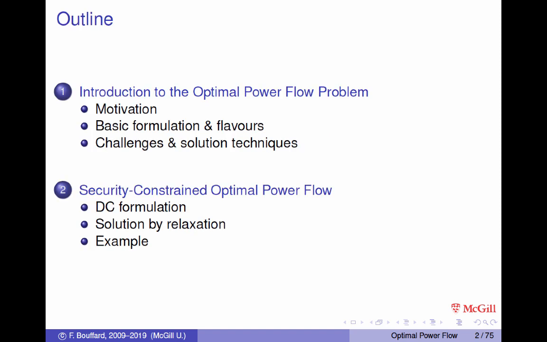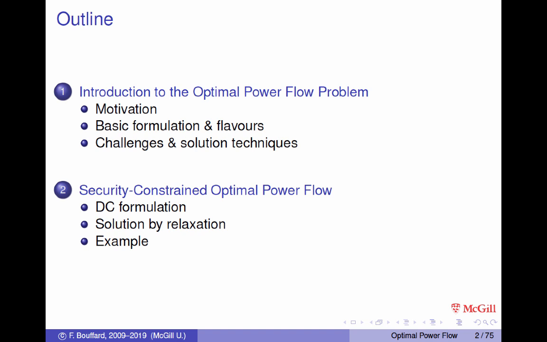So the outline of today's presentation will be really looking, as I just said, at the optimal power flow problem, why we do it, basic formulations, and what I mean by flavors, different variations of those formulations, and obviously what are the challenges and solution techniques.